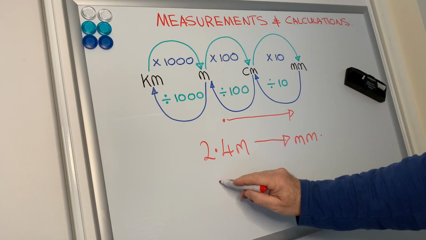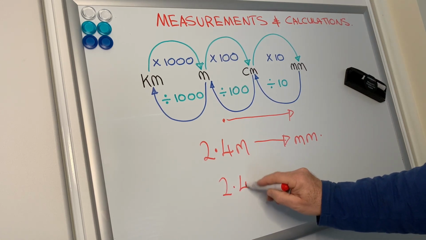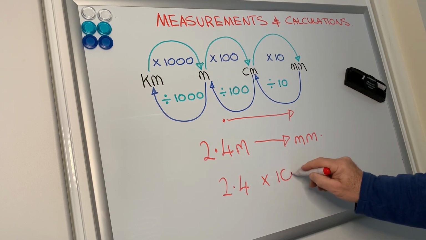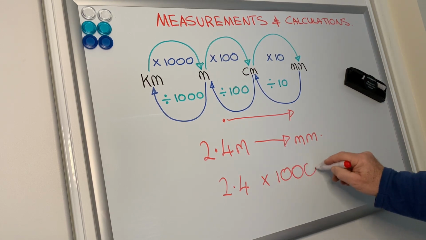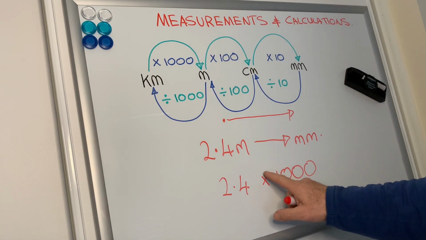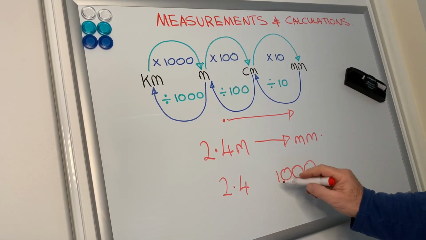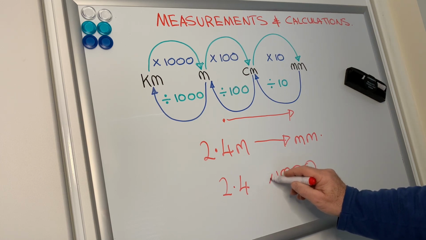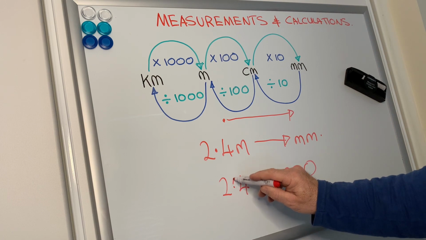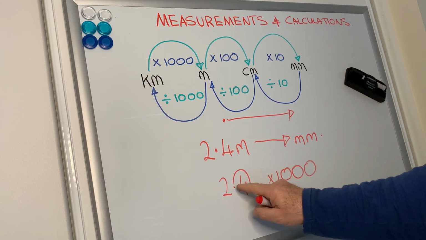So if we say 2.4 times 1,000. So that decimal point's going to go to the right hand side.